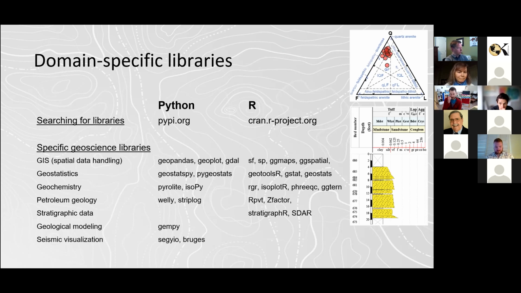I've tried to make a quick list of geoscience specific libraries for Python and R for spatial data handling, geochemistry, and petroleum geology, either well logs, and I think we'll hear a bit about that later, and some petroleum testing stuff, stratigraphic data if you do sedimentology or geotechnical work, and stuff for geomodeling and seismic visualization. So if you're working on a specific project and getting into Python or R, there's likely a lot of really powerful stuff out there.